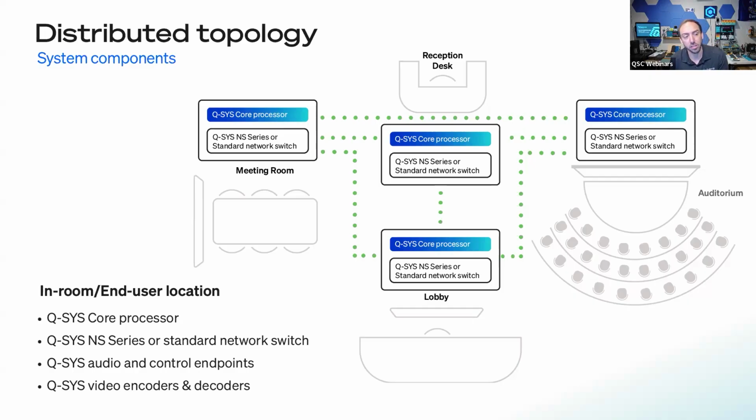One of the other things you can do with this is when that audio or video that doesn't need to be synchronized is overflowing out of the auditorium, you can use non-clocked transmit methods to send that AV back and forth. Things like core-to-core streaming, system link, wide area network transmitter allow you to get data from one core to another without having to have all of this in the same design.